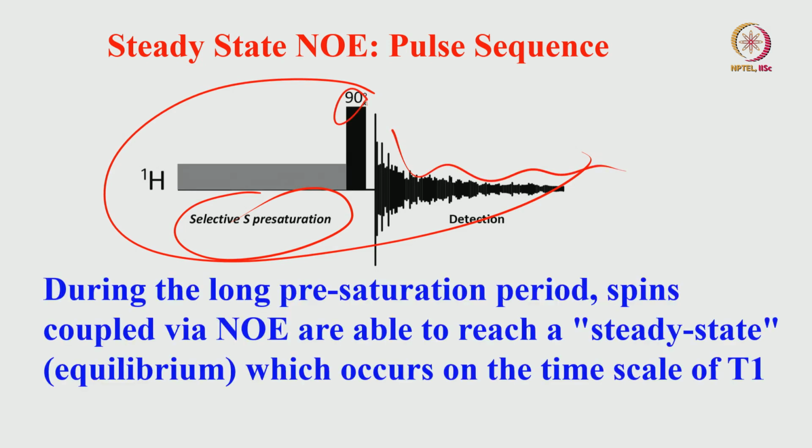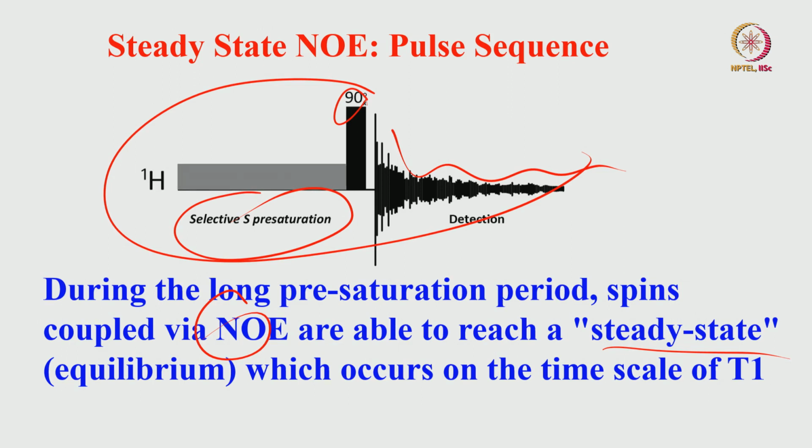During the long pre-saturation time, what happens? Spins coupled via NOE are able to reach a steady state. They are coupled to each other. I know you are saturating a spin, it may give energy to the I spin. Slowly NOE will build up on the I spin, and then it will reach a steady state. It will reach equilibrium.